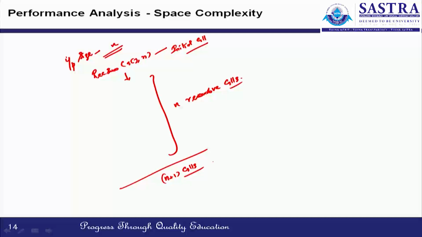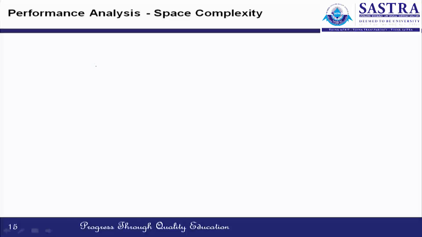So, clearly the depth of the recursion is n plus 1. In each of these n plus 1 calls, we need to have at least 3 words of memory in each recursive call.